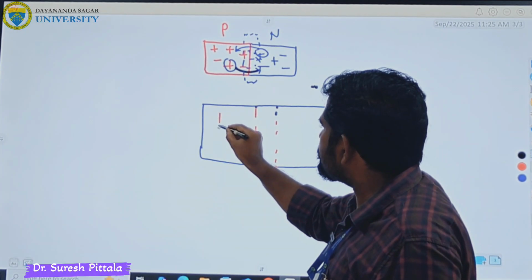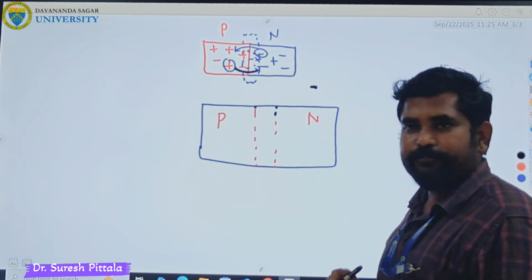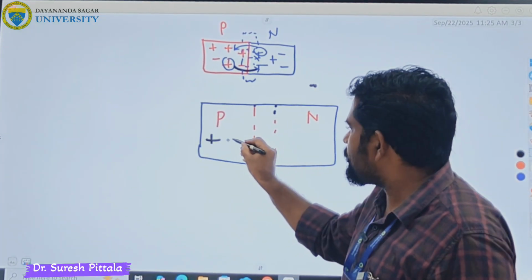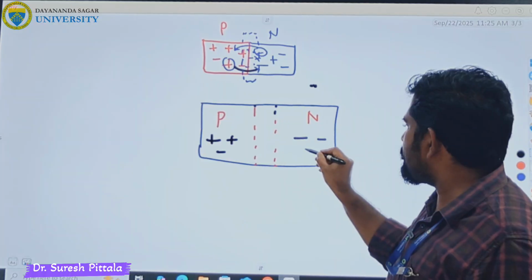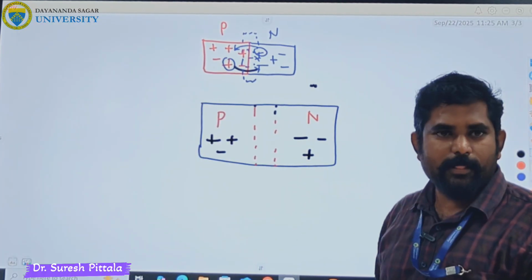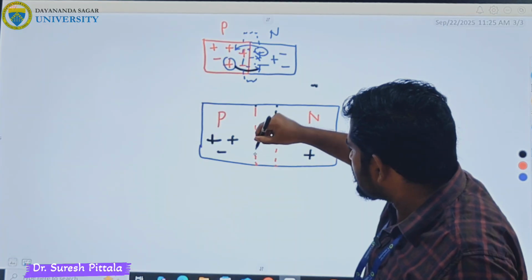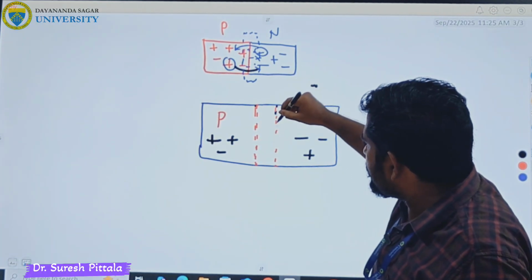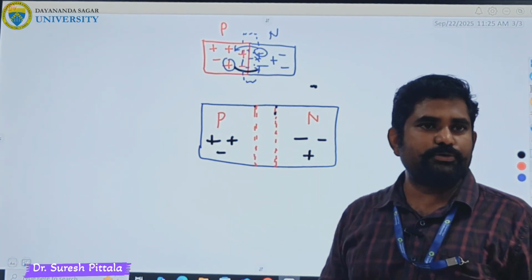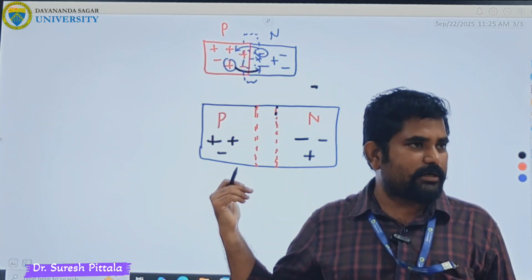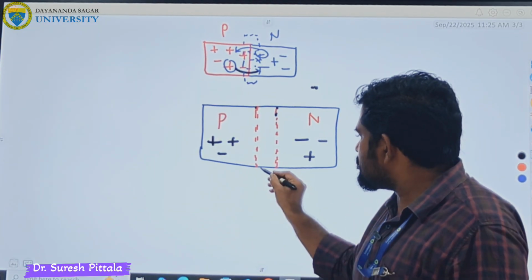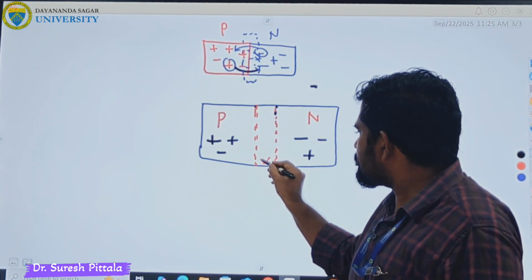This is P type, this is N type. There are more plus and fewer minus on one side, more minus and fewer plus on the other. So due to the migration of the charges, the region is depleted, and nature forms a barrier on its own due to the recombination of electrons and holes, and a small voltage is developed in this region.